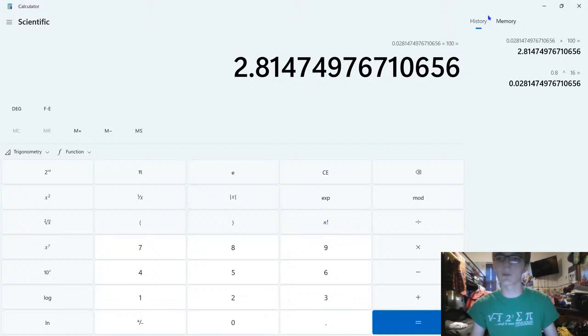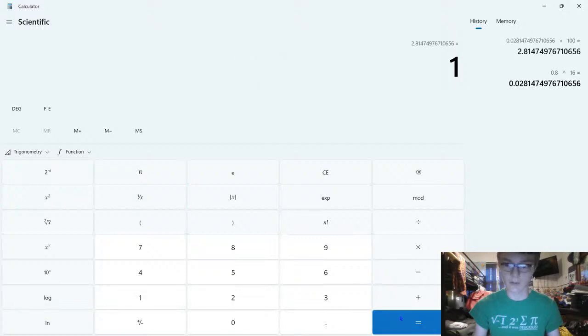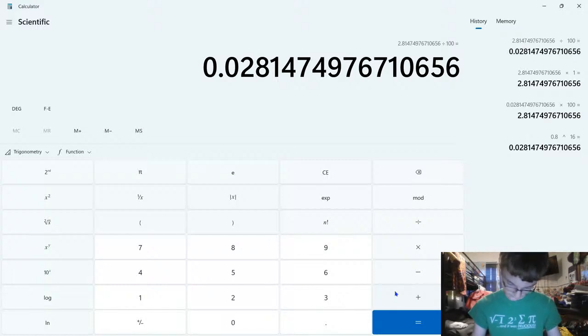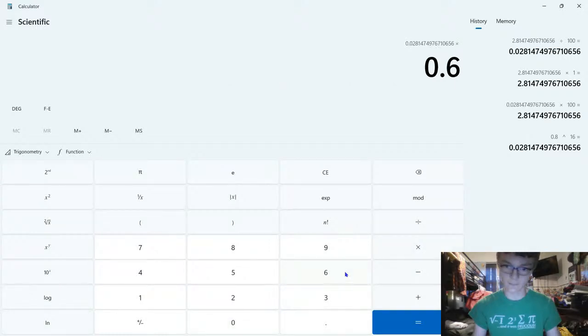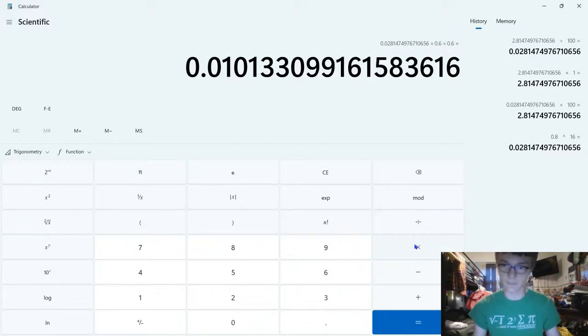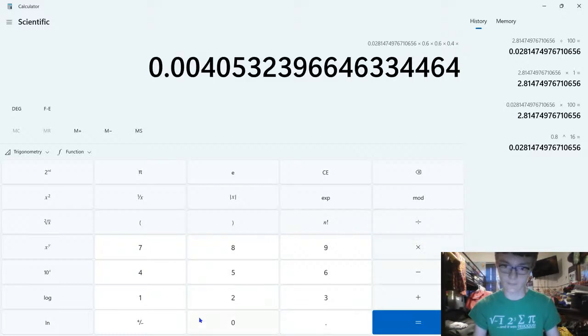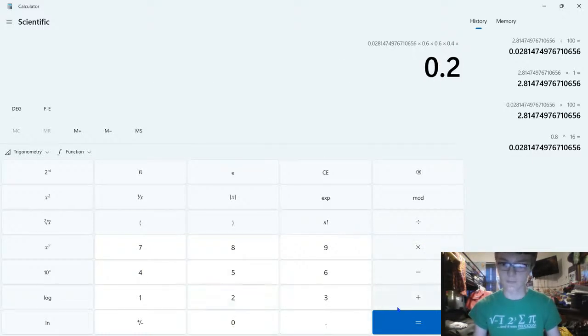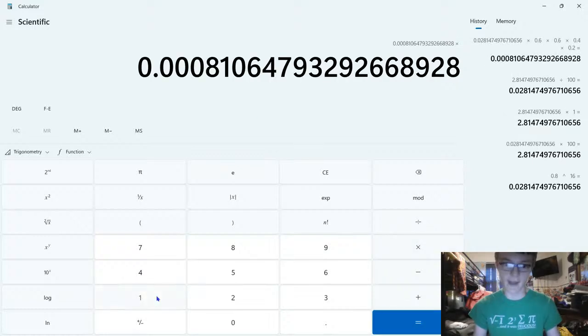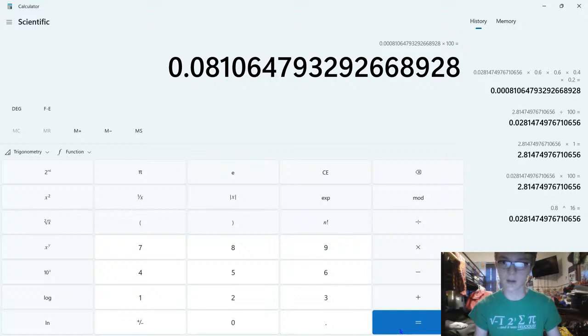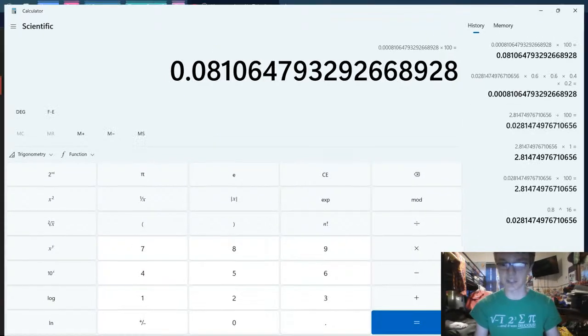It's actually a 2.81% chance, but multiplying with the other stuff, the odds of that game is a 0.081% chance.